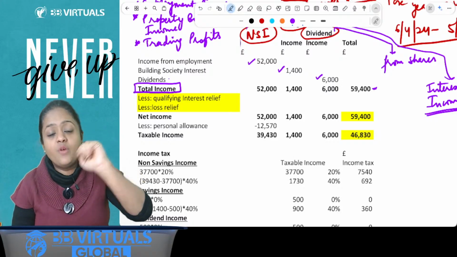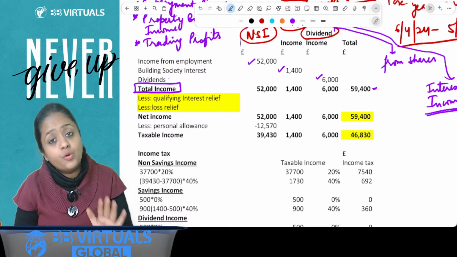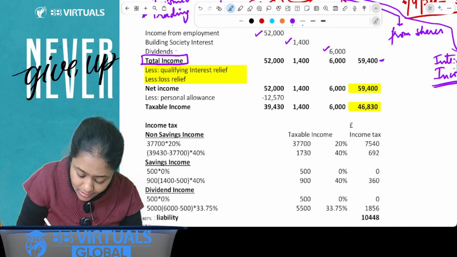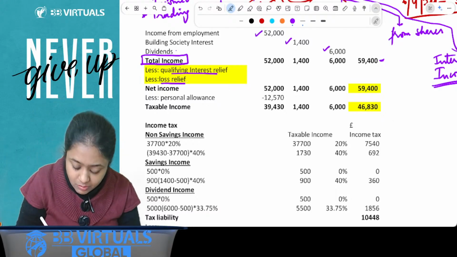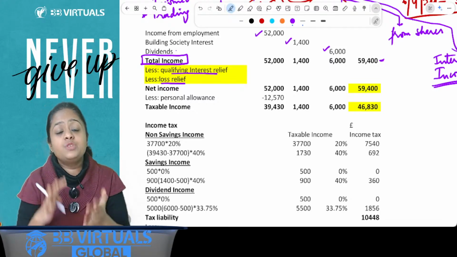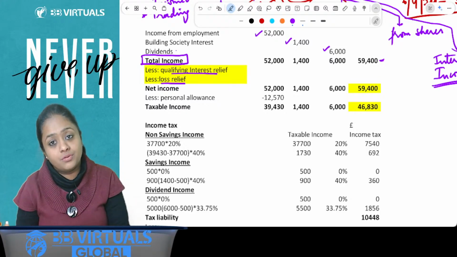One of which we will cover today, but the other we will not. The two adjustments are qualifying interest relief and loss relief. Why am I not covering loss relief here? Because loss relief covers the trading losses and other losses adjustments, for which we have a dedicated losses chapter, and I will cover it over there.